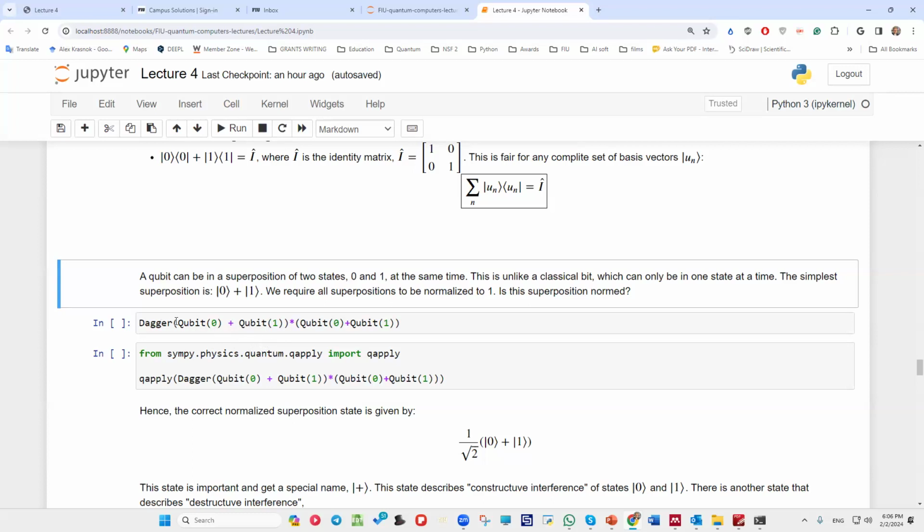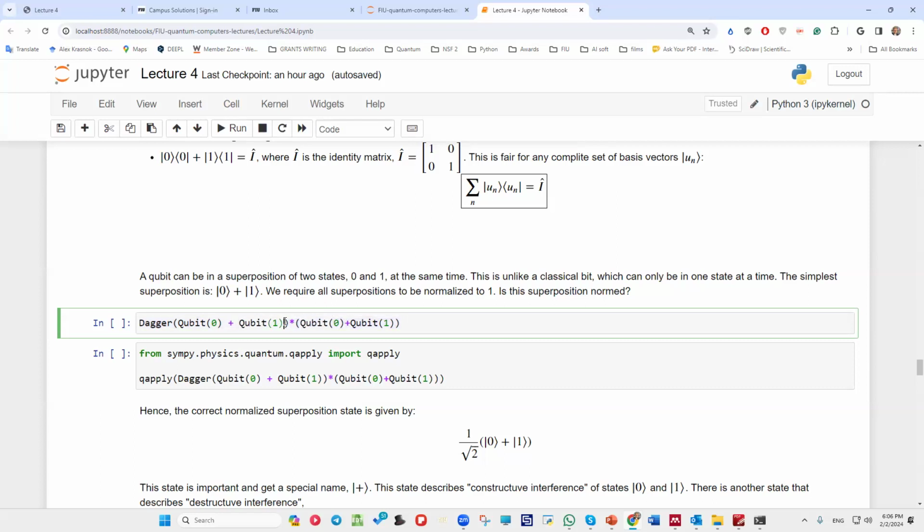So here I write this superposition state, qubit 0 plus qubit 1, and I multiply this state by the dagger of the same state, which is bra and ket.